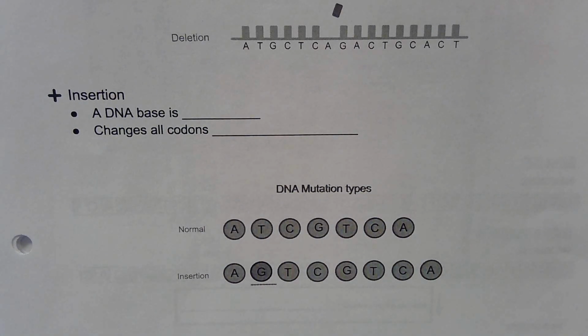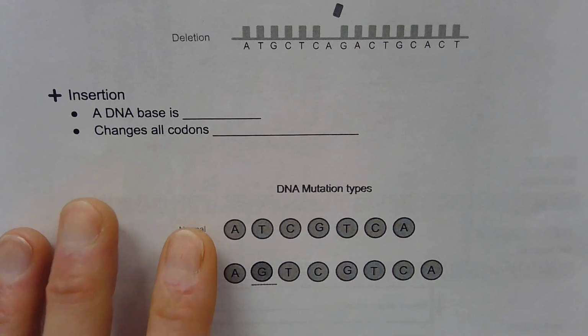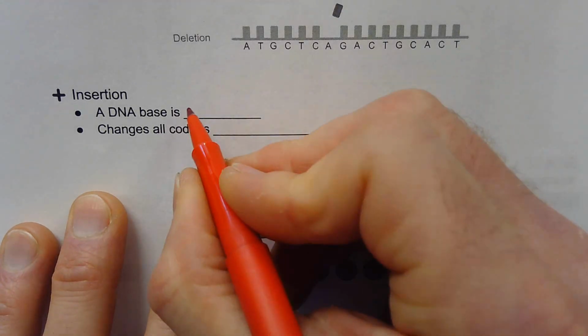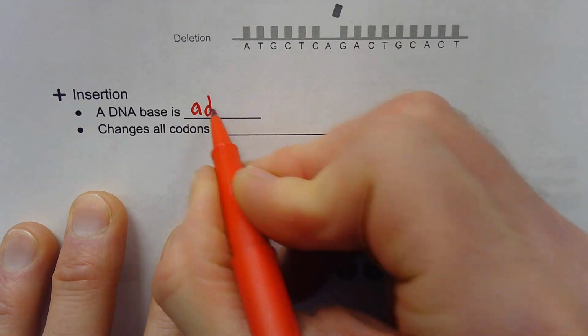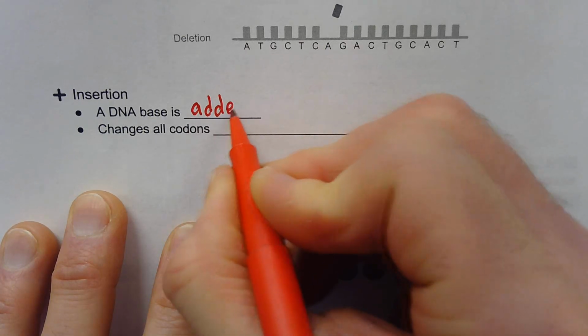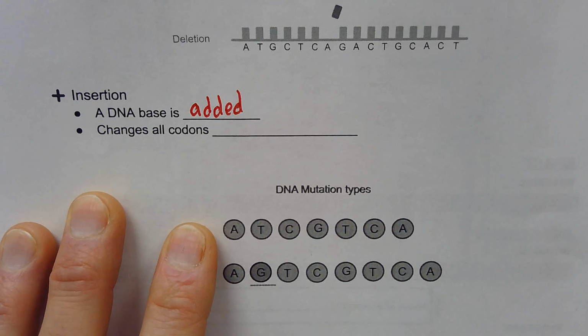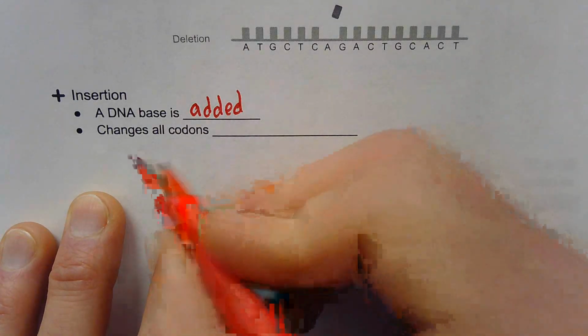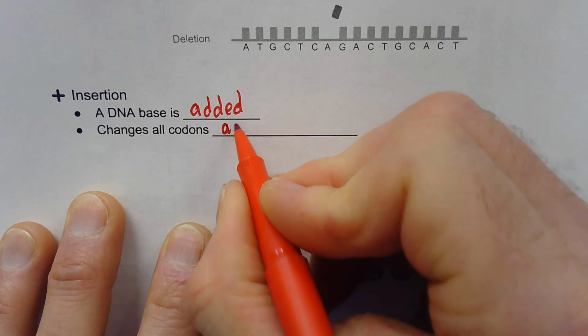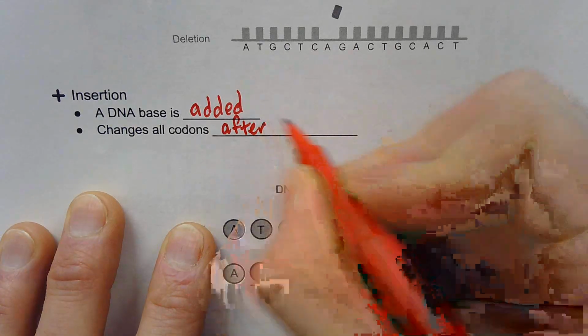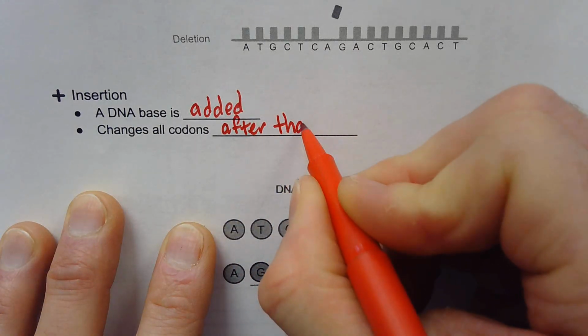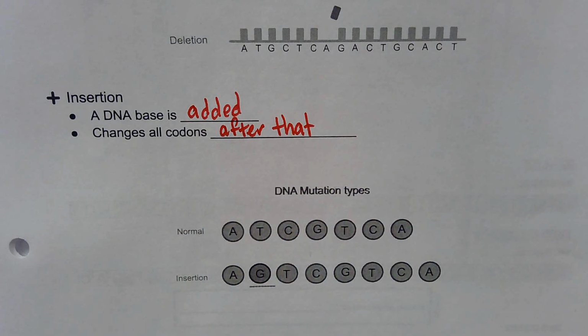So for insertion, a DNA base, what happens to that DNA base if it's inserted? We're just adding it in. And then all of the codons change. It changes all the codons after that, because it always reads in that left to right direction.